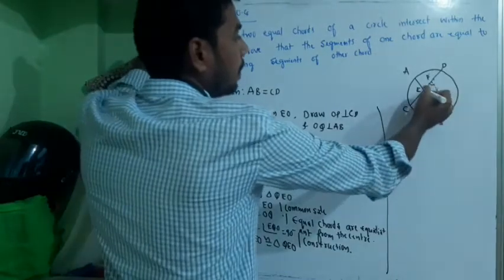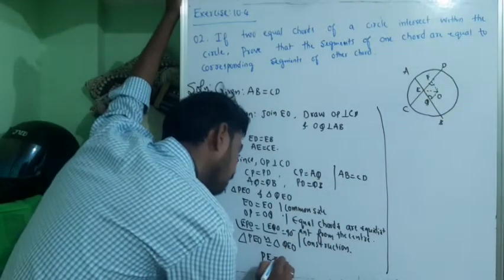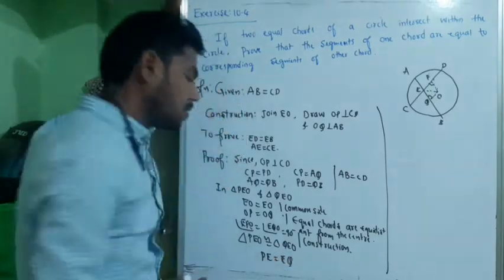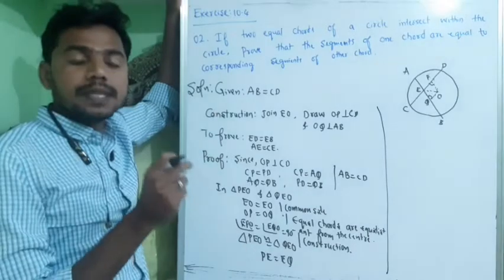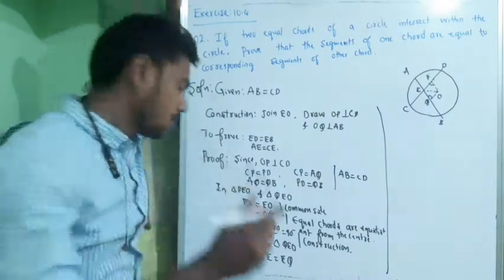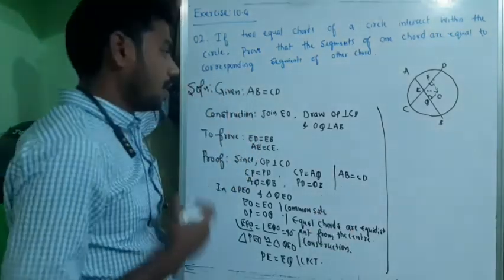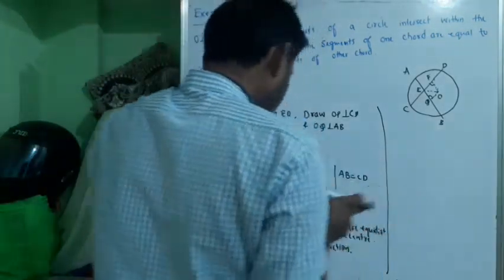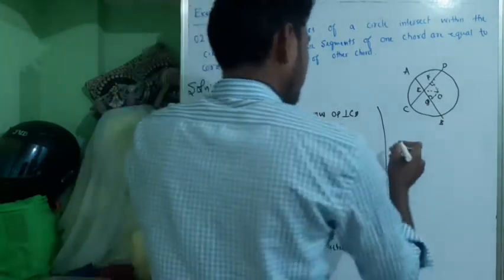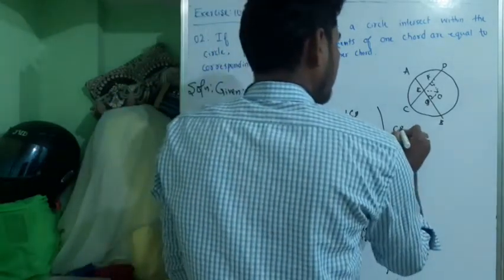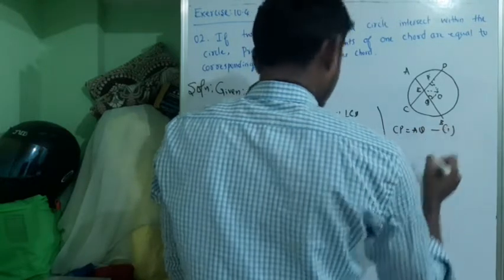Fine. So now we can write PE is equal to EQ. Why can we write PE is equal to EQ? Because of CPCT, corresponding parts of congruent triangles. Now, see what we can write here. We know that CP is equal to AQ. We'll call it equation 1.